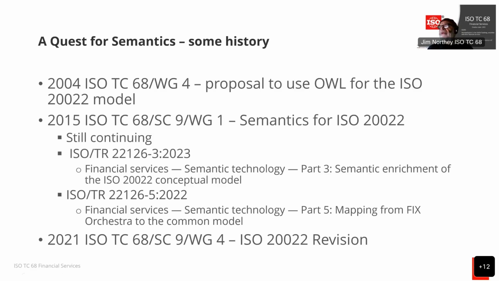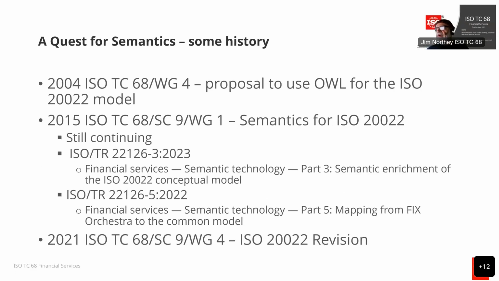But we started in 2004 when we revised the 20022 model, and at that time, actually, we had a group of people who wanted us to move to the web ontology language, OWL, as the basis. At the time, it was felt that the industry was not ready for that, and we didn't move to that. But about 10 years later, we set up a working group that I led, who's now led by Lisa Taiketsataporn from the FIX organization.